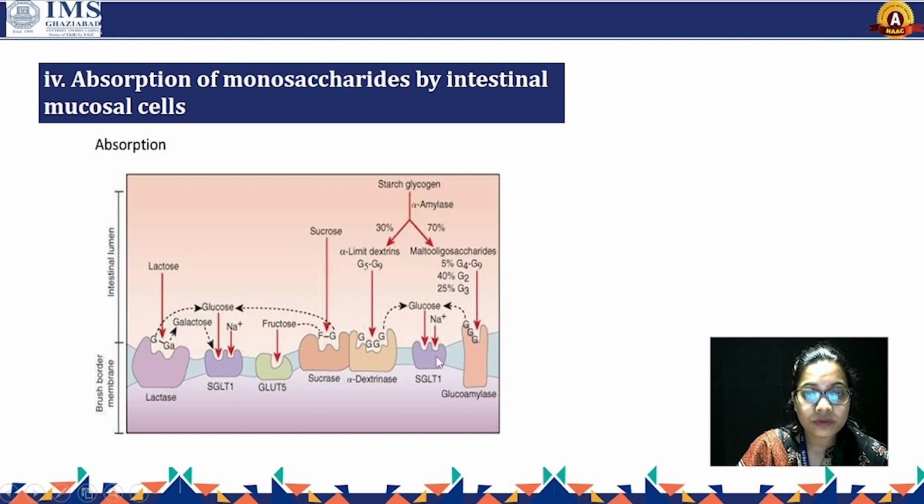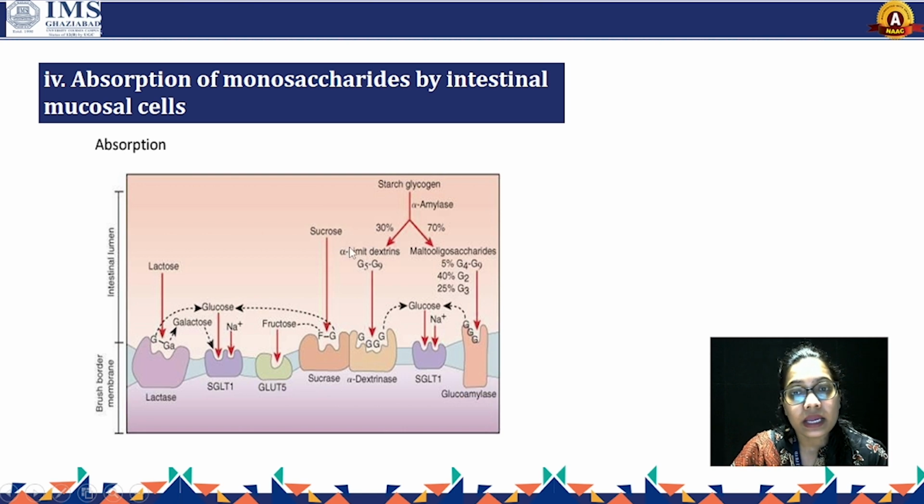The glucose unit, with the help of SGLT, like cars have different brands, similarly here the transporter is the car which acts as a transporter. Its name is SGLT, the sodium glucose transporter channel 1. With the help of the sodium ion, this glucose travels from the intestinal lumen, transferring from the apical membrane towards the basal membrane, from where it circulates into the blood.